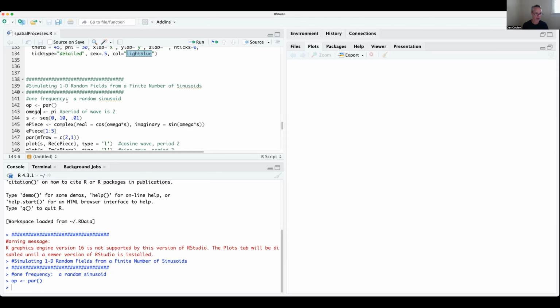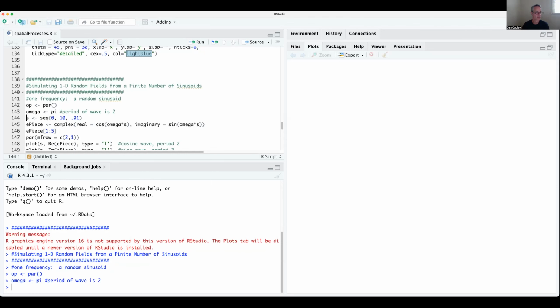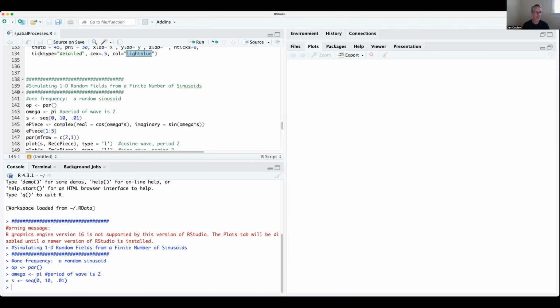So I'm going to let omega take on the value of pi. Consequently, the period of our wave is going to be 2. I'm just going to plot it from 0 to 10. And then you can see what I'm doing here. We had that e to the i omega stuff. I'm doing that here in line 145.